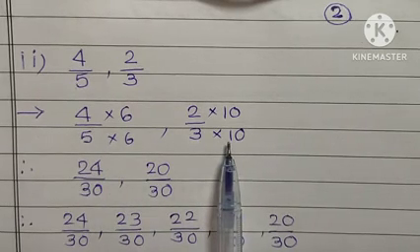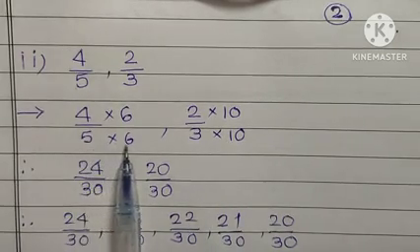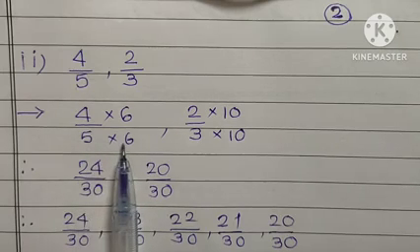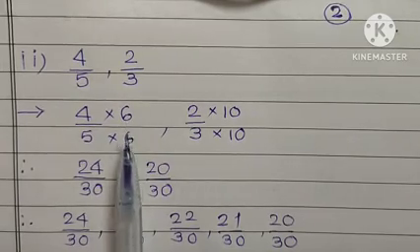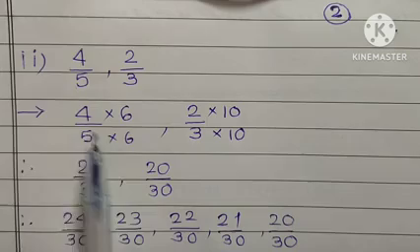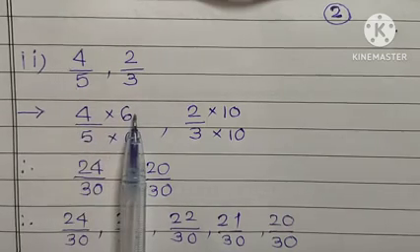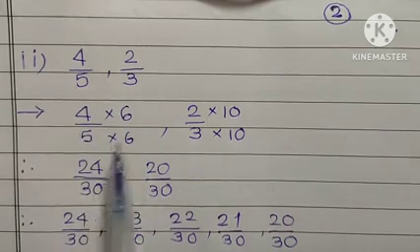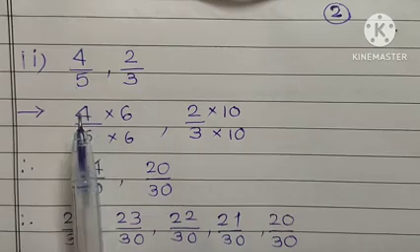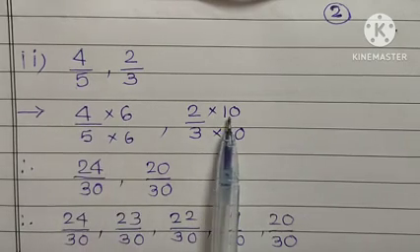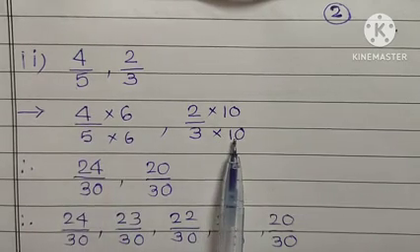But we have not done so. Why? If you make 15, that means multiply by 3, and after multiplying by 3, it will become 12 in the numerator. Denominator will be the same on both sides, but the numerator will be 12. And here multiply by 5.